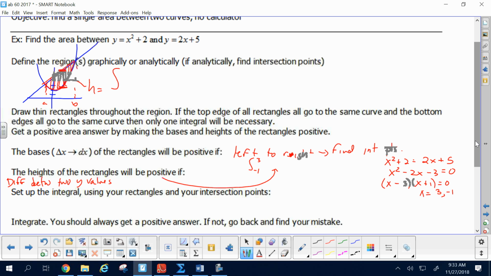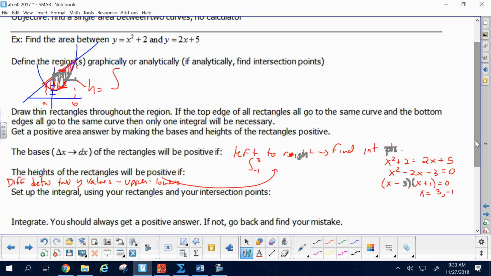That y, take away that y, gives you the region between it. Upper curve, take away lower curve, gives you the region between it. Heights will always be positive if you take the upper minus the lower, because the upper will be greater and the lower will be smaller.